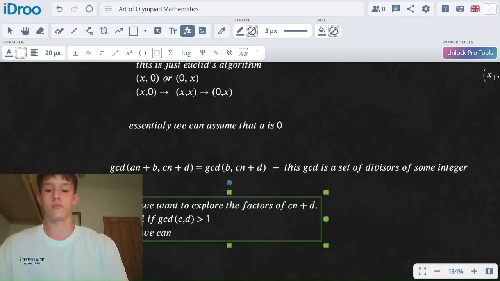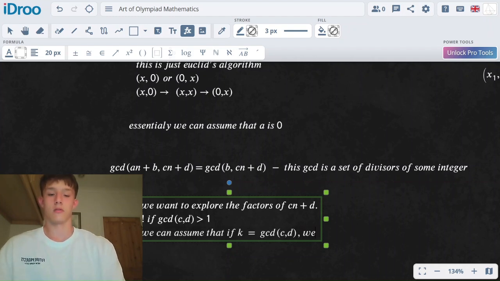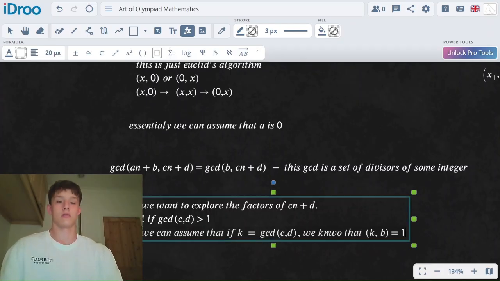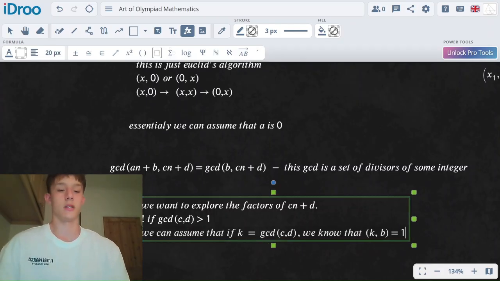So we can assume that if K is the GCD of C and D, then K and B are coprime, because A, B, C, D were coprime and A is zero.